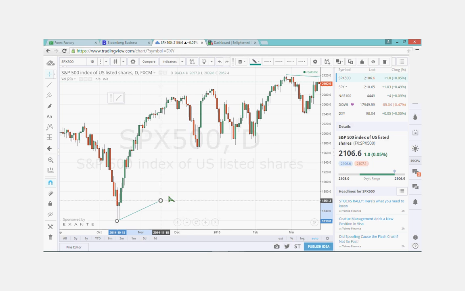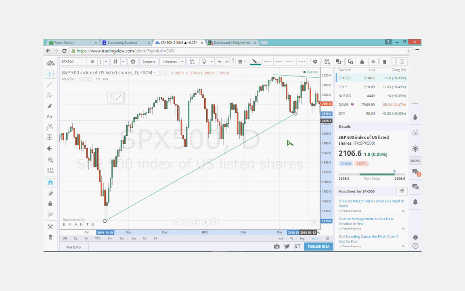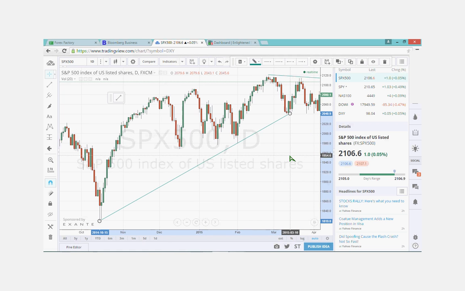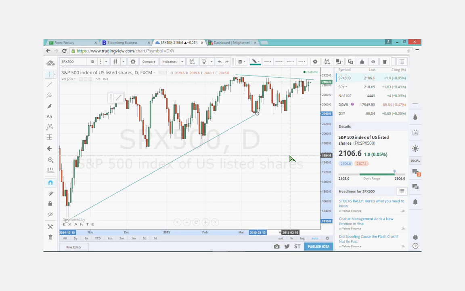It'll make your analysis way less frustrating. Because for me, I didn't know, certain areas it doesn't snap. But if you right-click the line you drew, it'll be like format.